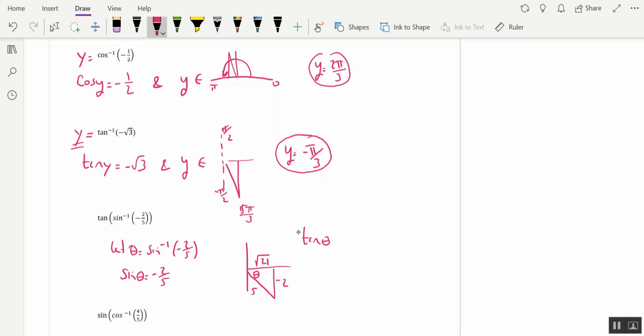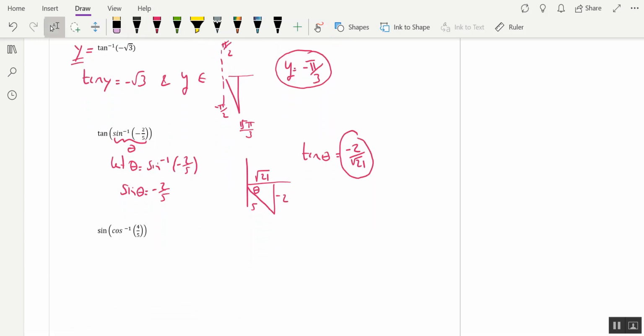Tangent of theta is what we want. So tangent of theta is opposite over adjacent, negative 2 over the square root of 21. And I'm okay with you not rationalizing. That's a fine answer.